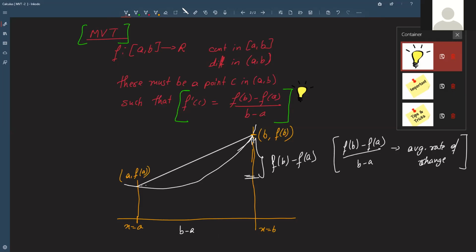At any point C, if you have got an average and this is a continuous function, obviously there will be a point where the instantaneous rate of change will be equal to the average rate of change. It has to be, right?